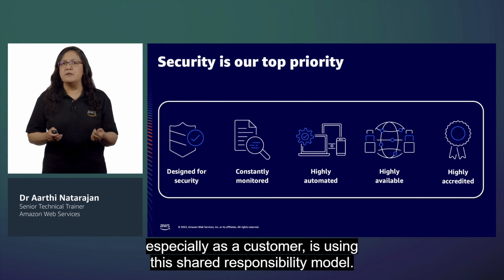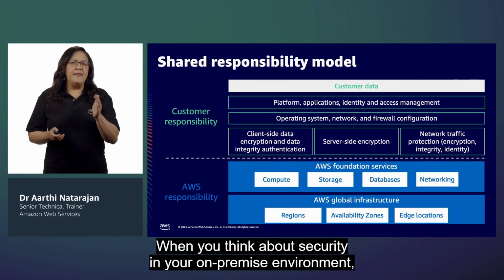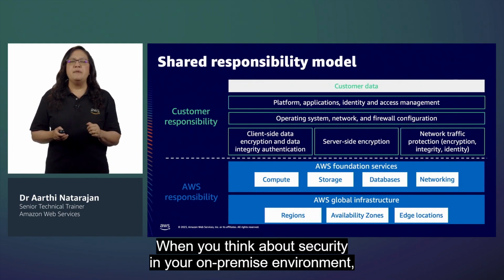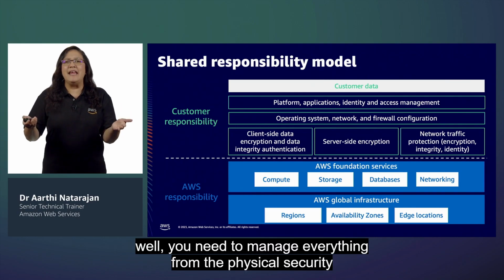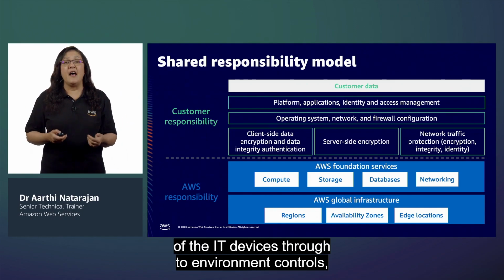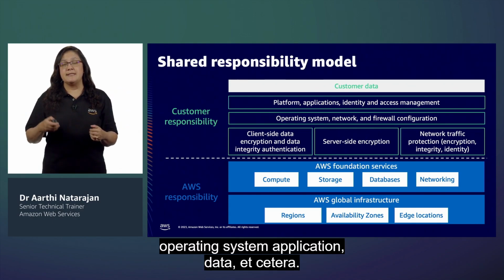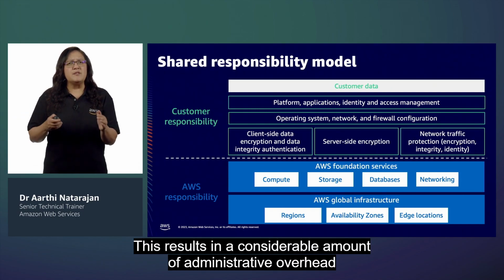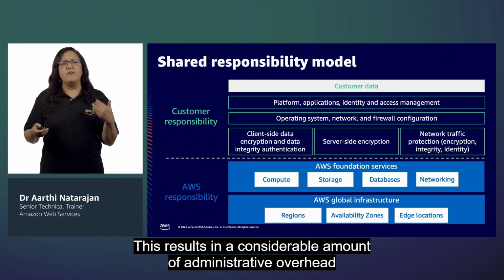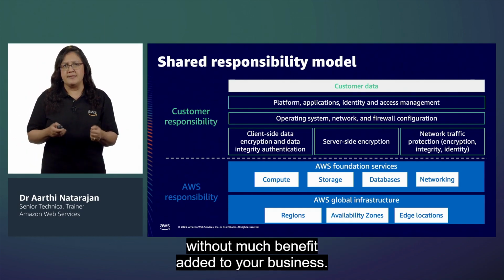shared responsibility model. When you think about security in your on-premise environment, well, you need to manage everything from the physical security of the building to the physical security of the IT devices through to environment controls, operating system, application, data, etc. This results in a considerable amount of administrative overhead without much benefit added to your business.